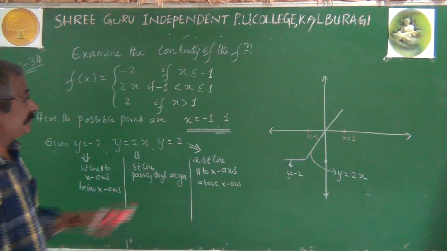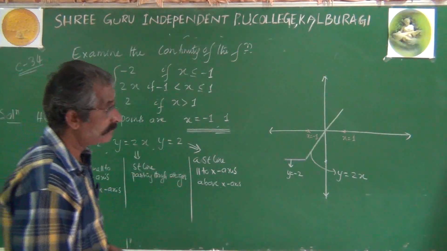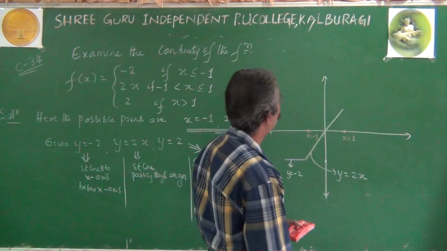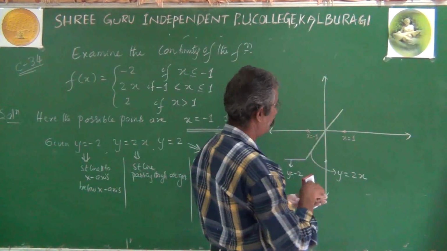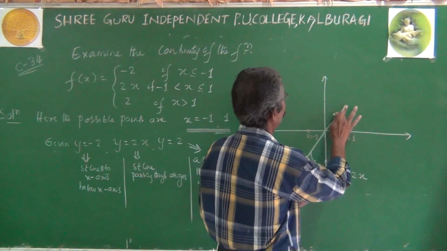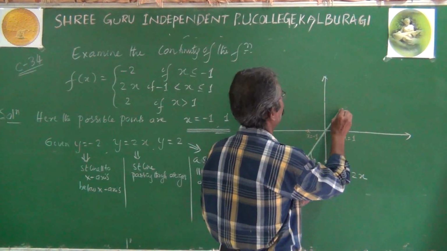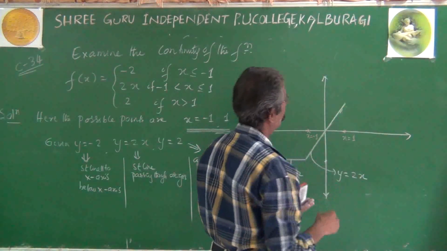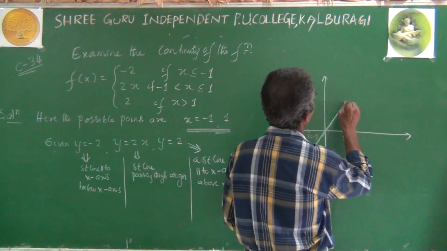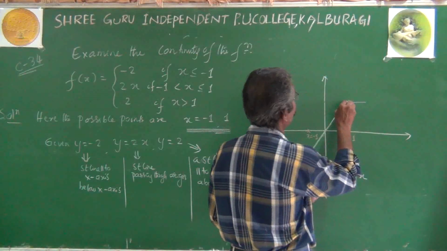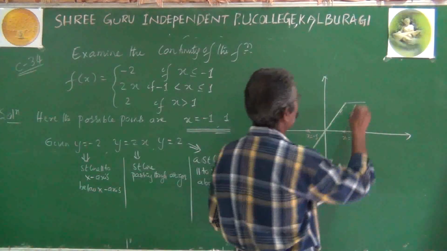Next, when x is greater than 1, the function value is 2, meaning y equal to 2. So this is 1, this is 2. This will be your straight line, y equal to 2.